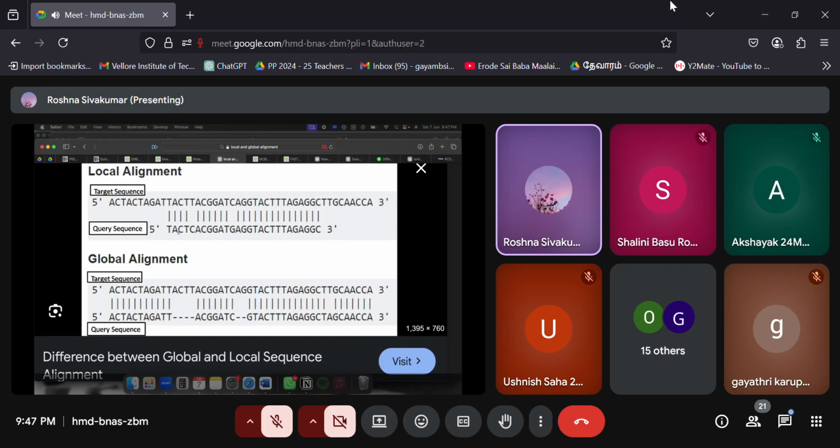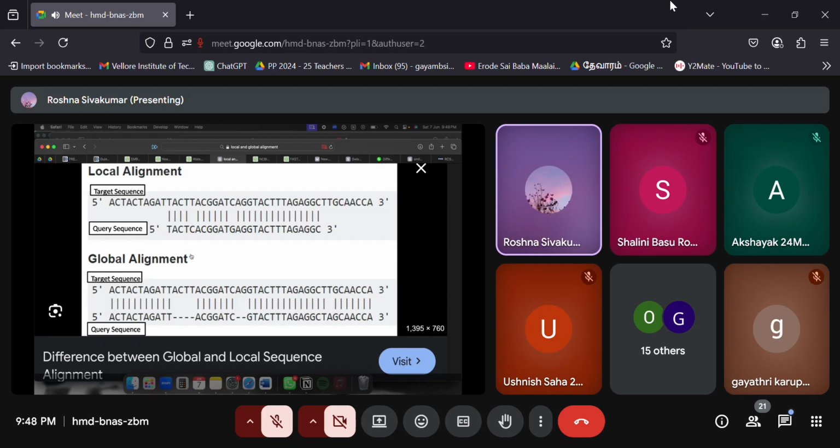So what identical means is that the two bases we're looking at here are exactly the same. There is no difference at all. But similarity is when the two bases have a shared characteristic, for example purines and pyrimidines.